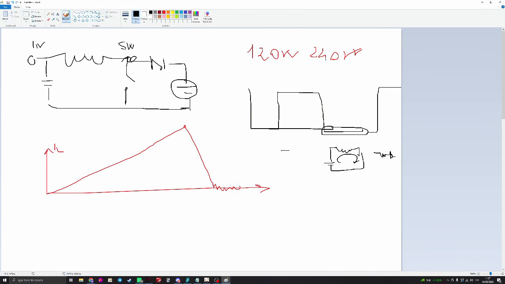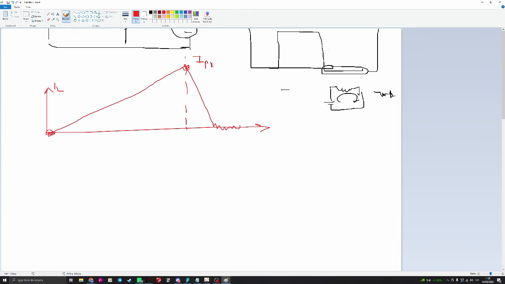We could spend hours designing this circuit, really hours, to make a perfect design, but there is a way to design it very quickly. The trick is to exploit as much as possible the physics of the inductor. So you see that this is a straight line, right? The peak of the inductor is the same peak for the MOSFET, the same peak for the diode, and so on.